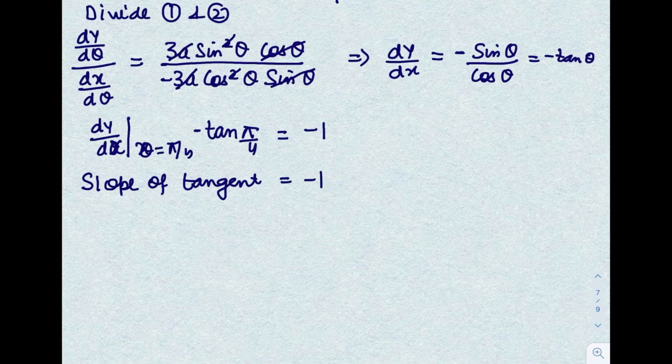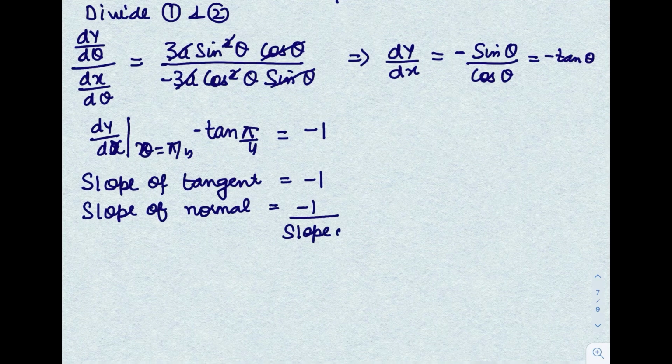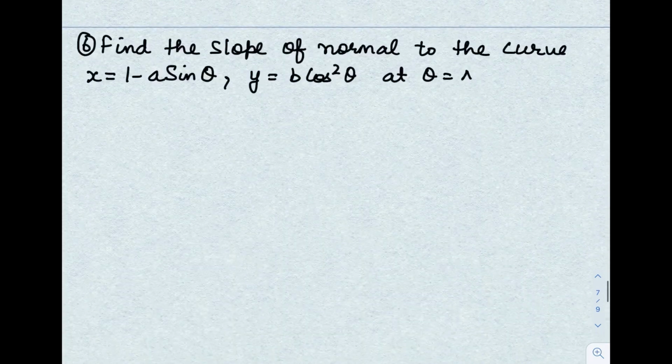This is minus 1. Slope of normal is equal to minus 1 upon slope of tangent. This is minus 1 divided by minus 1, that is 1. So slope of a normal to the given curve is 1. Clear? Let's move to the next question.